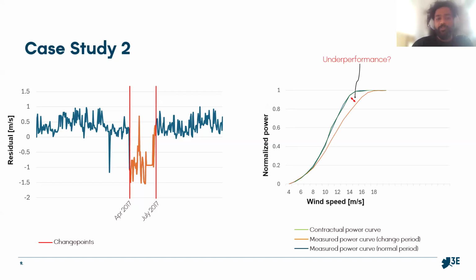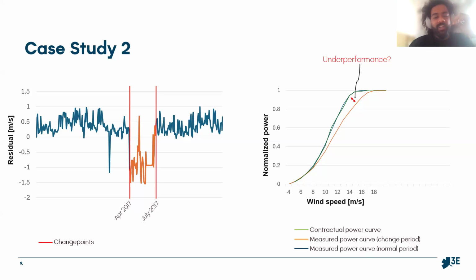When we modeled it, we could see the change in wind speed, and the underperformance was not actually an underperformance, but was due to a change in the wind speed. When they corrected for it, after three or four months, the power curve went back to normal. They had multiple turbines in this wind farm with a fault in the alignment of the sonic anemometer that particular year.